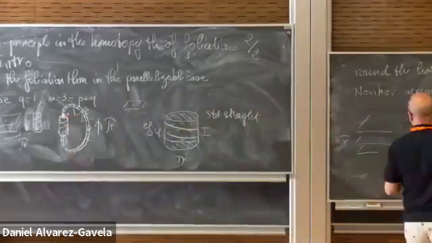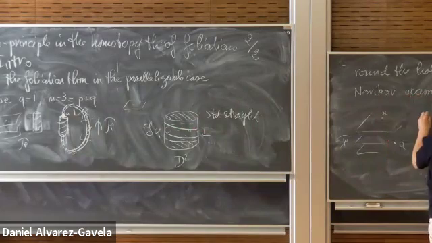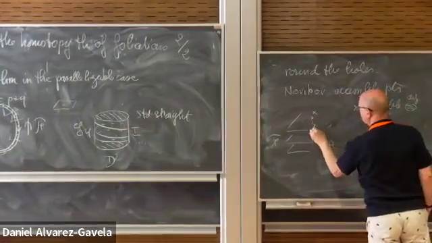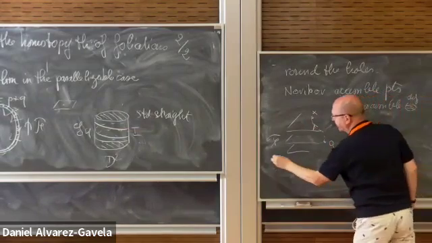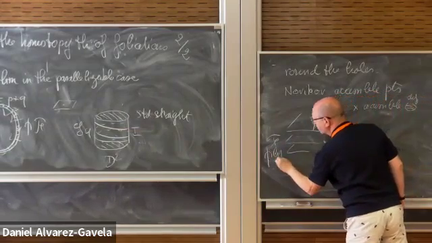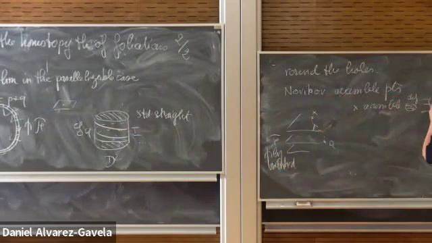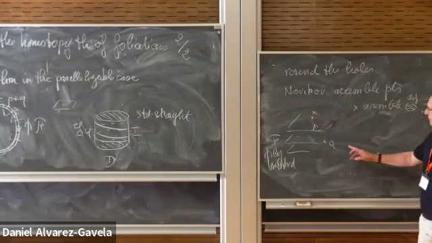And I say that another point X is accessible if and only if there is a transverse positive path, because F is transversely oriented, from A to X, like this.